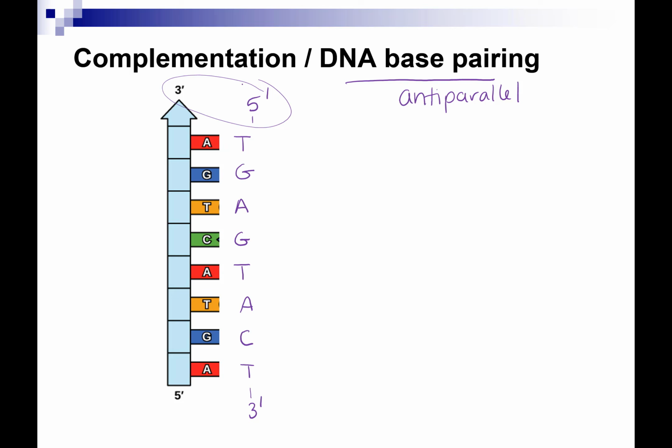So they're anti-parallel, they're running opposite ways, they're all made by base pairing, and if you wanted to put in your representation of hydrogen bonds, you remember that the AT base pairs make 2, and the GCs make 3.